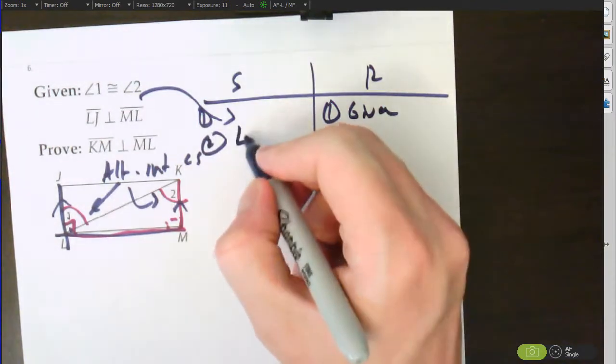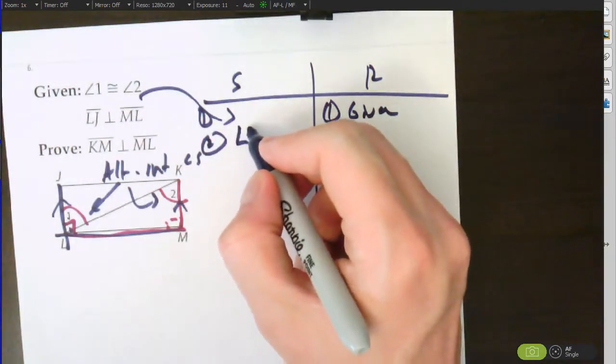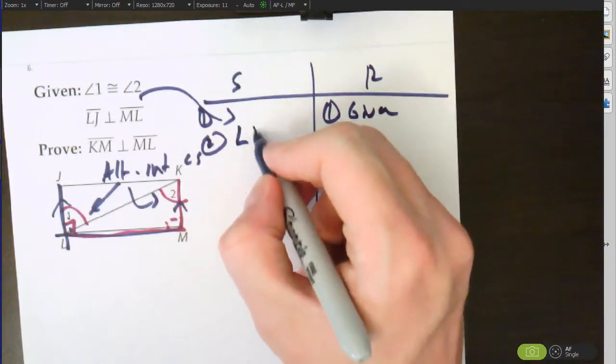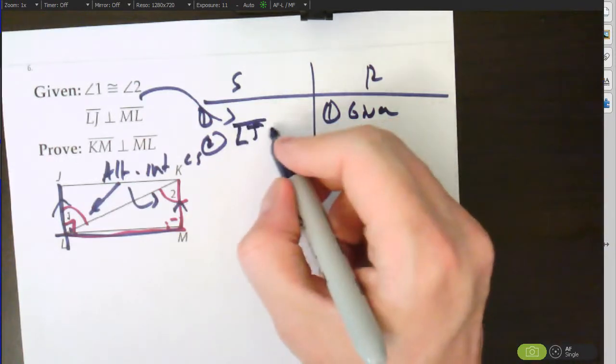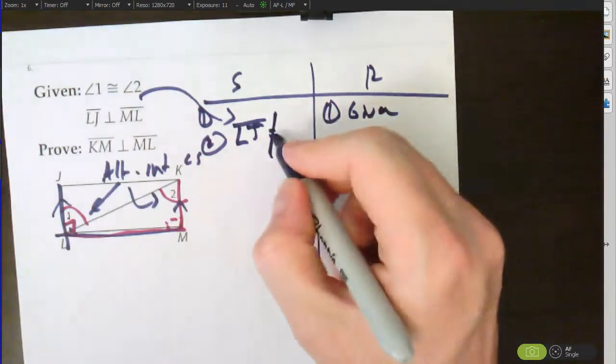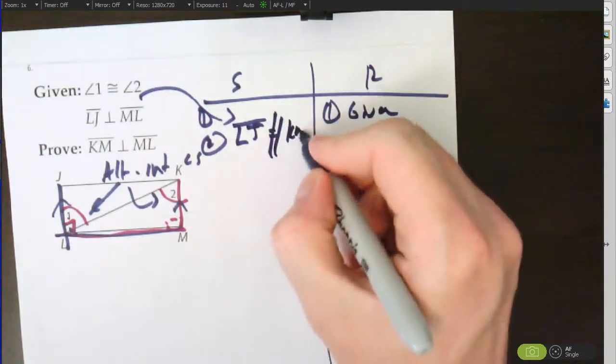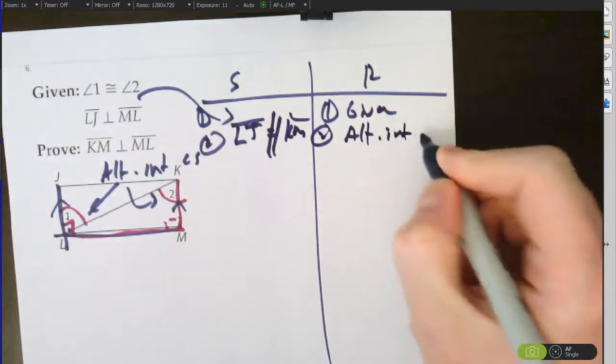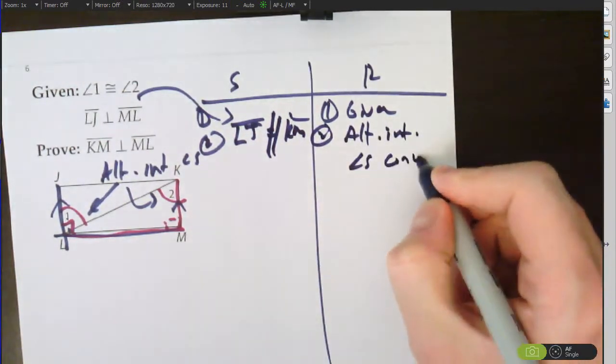2, LJ is parallel to KM by the alternate interior angles converse.